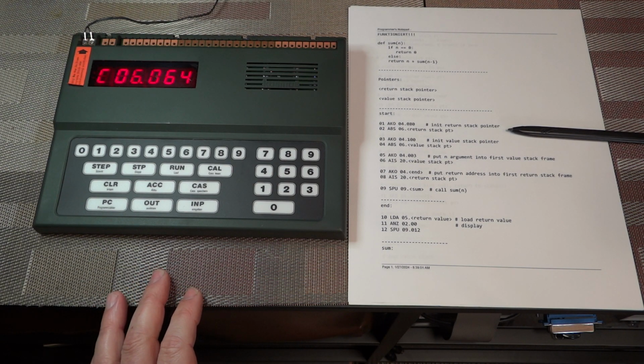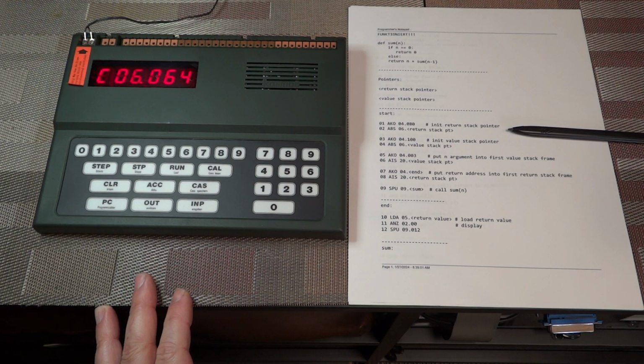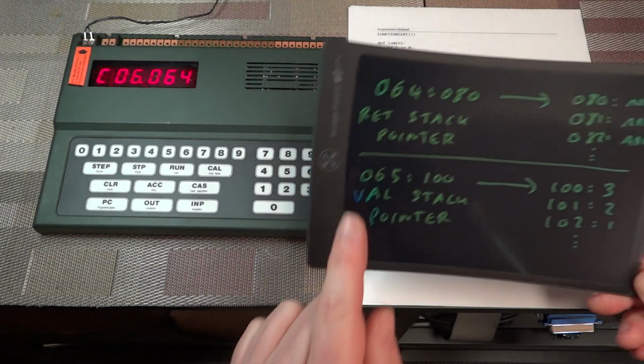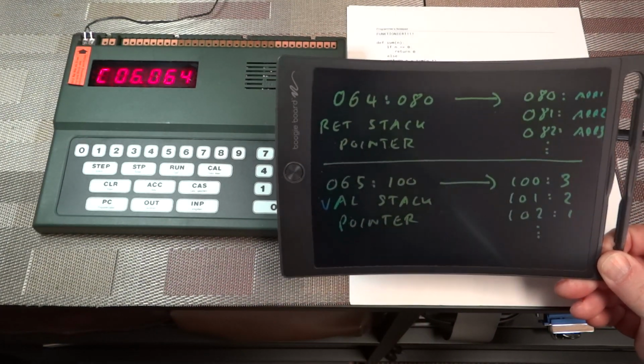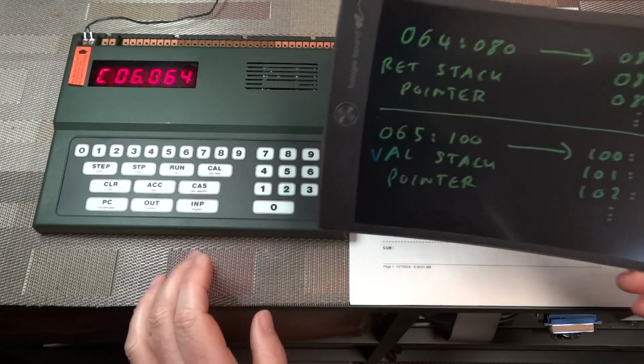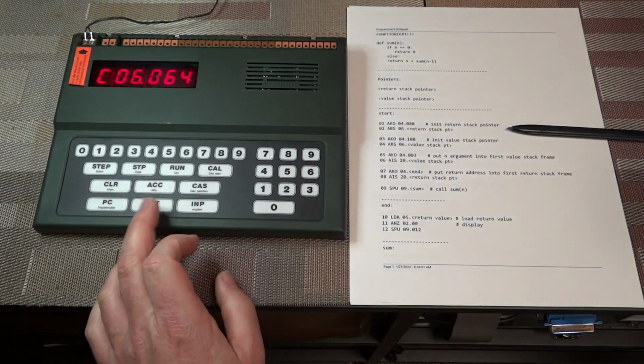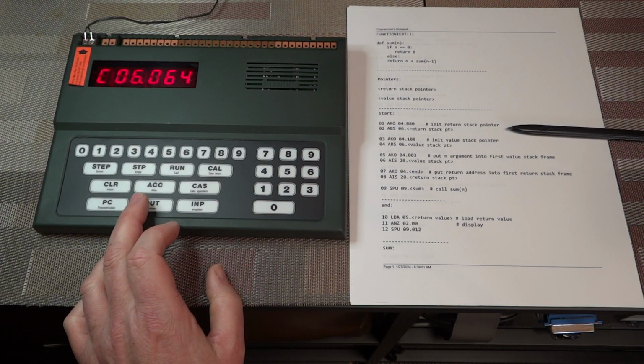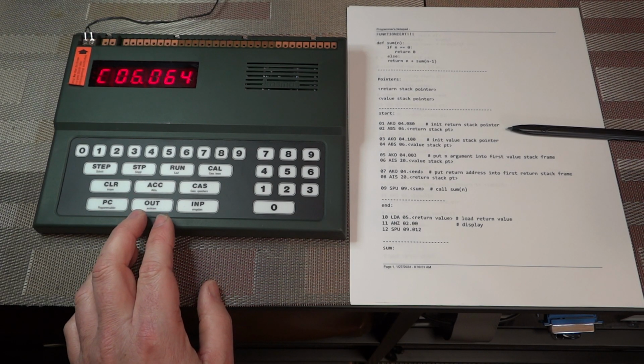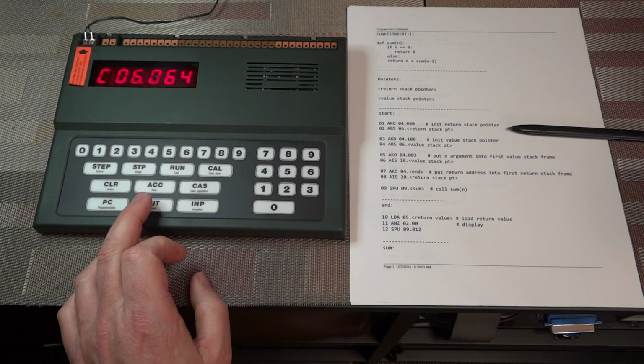I set aside a memory cell for this at address 64, the return stack pointer, and it contains the address of the return stack. So 06 means store accumulator content at this given address.